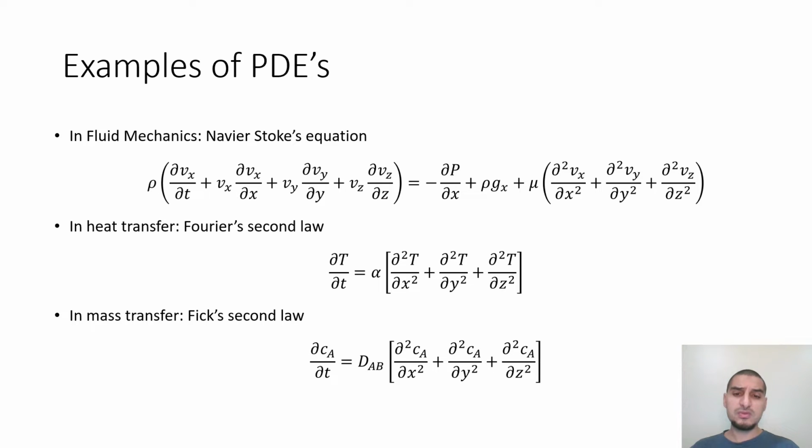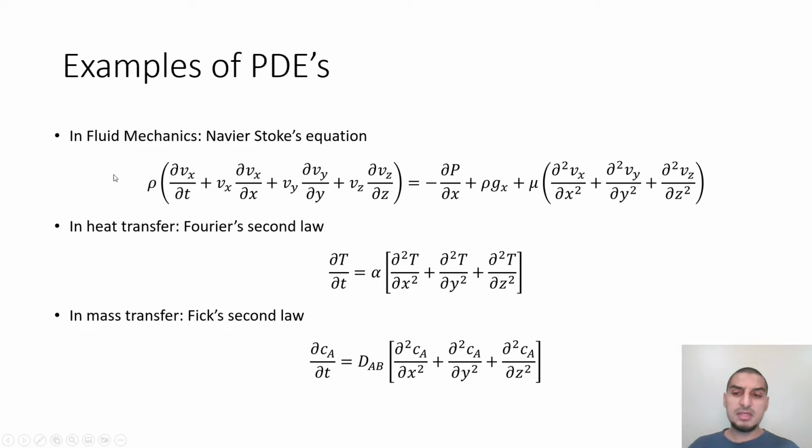Before we go through the solutions of the equations, we need to have a better idea about the equations that include partial differentiations, or examples of partial differential equations. Among the famous equations in fluid mechanics is the Navier-Stokes equation, which is a conservation of energy equation.